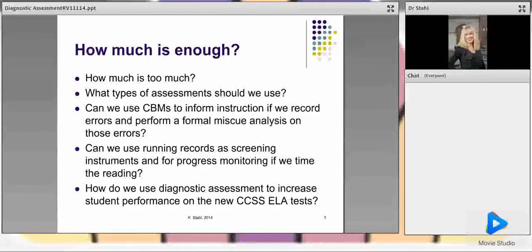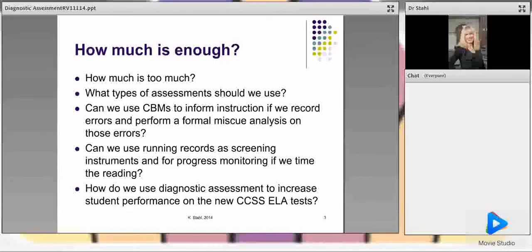Can we use CBMs to inform instruction if we record errors and perform a formal miscue analysis on those errors? That's a question that people have often asked me because we want to really make the maximum use of the assessments that we are using, and are there ways that we can double dip so that we can make our assessment process more efficient?